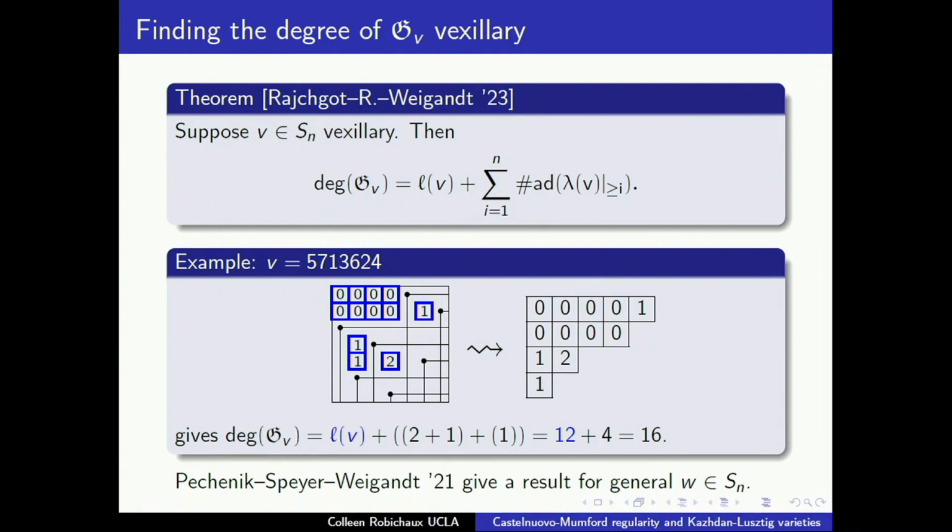But luckily, Pechenik-Spire-Wigand have a formula for any permutation that you can want, okay? Which Jianping mentioned is in terms of looking at the permutation in one-line notation, and reading off these sequences, you can exactly read off not only the degree of this growth unique polynomial, but you can actually find a monomial that is contributing to that.